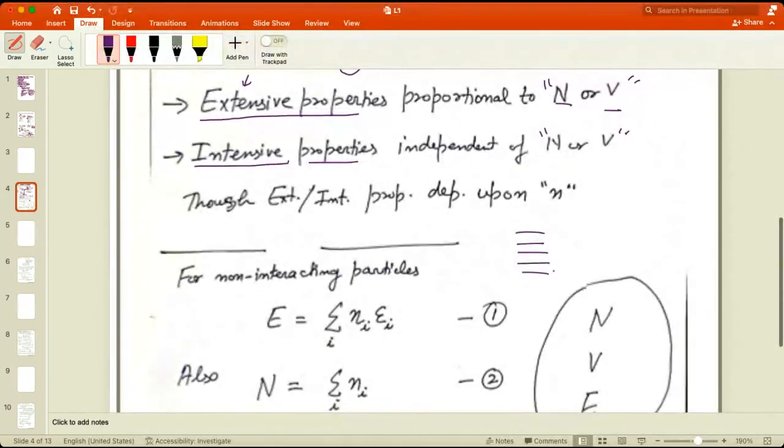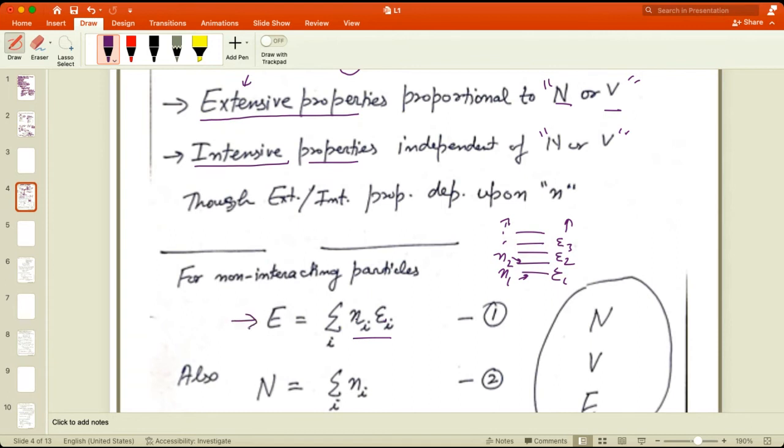This energy can be discrete also, or it can be variable. And suppose there are N1 particles at level E1, N2 particles at level E2, and so on. I think you will agree with me that this is going to be the total energy: Ni particles multiplied by the respective energy and summed over all the states. So I will get the total energy.